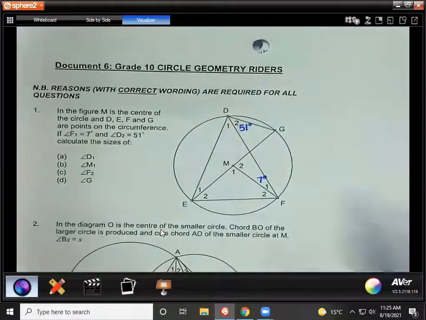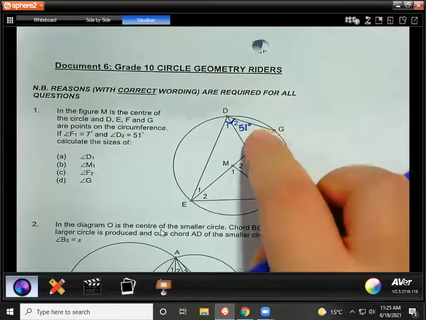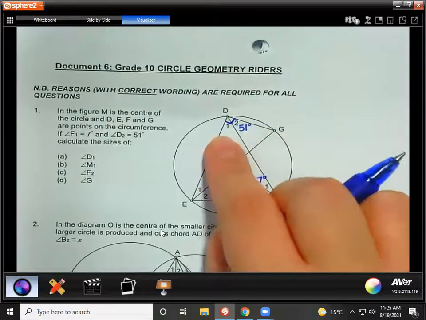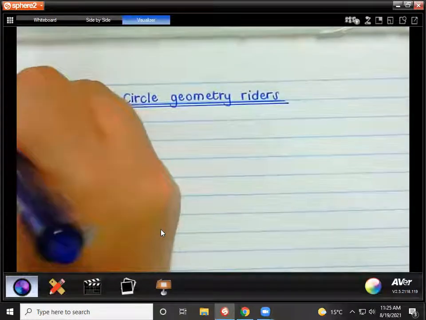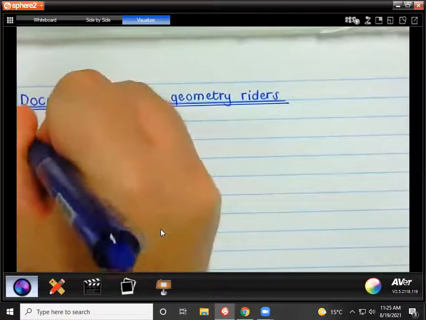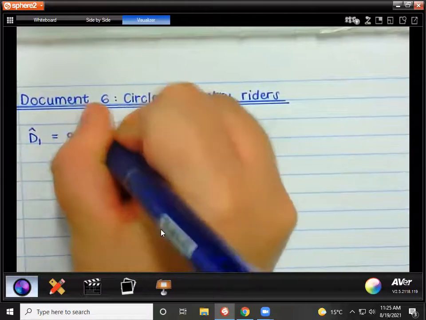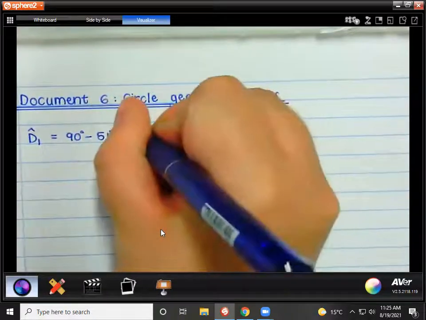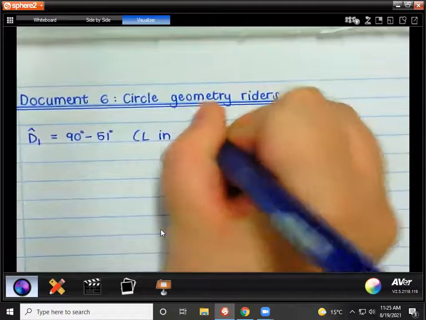You can draw that in if you want. Now, if we know that that part is 51, then D1 is going to be 90 minus 51. Let's write that down. 1A, angle D1, 90 minus 51. And the reason there is angle in semicircle.